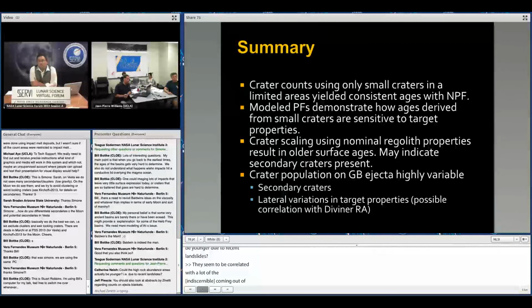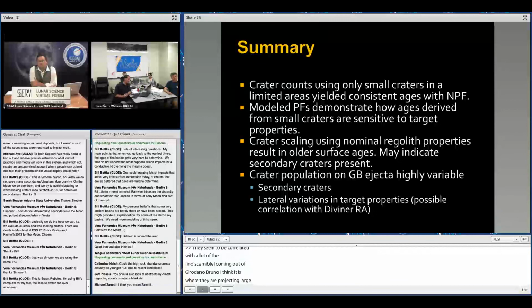If you notice, the impact melt deposit is actually not a region of the highest rock abundance value. They seem to be correlated with where large blocks have been ejected, and you can see that's where a lot of the rays coming out of Giordano Bruno originate. So I don't know if they're related to landslides. I don't think so. Okay.